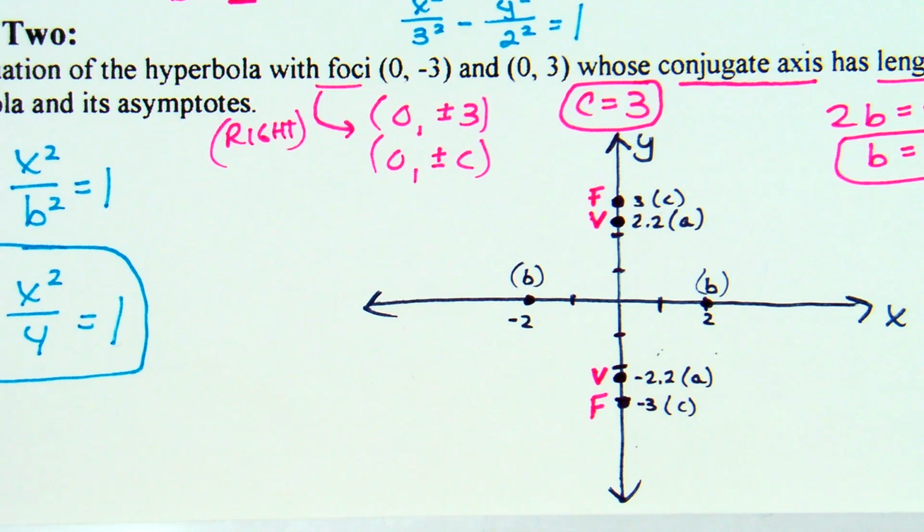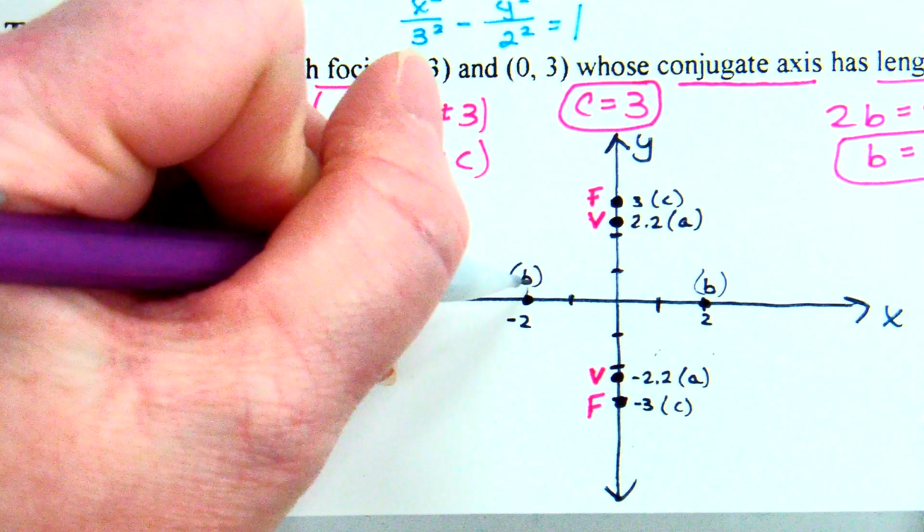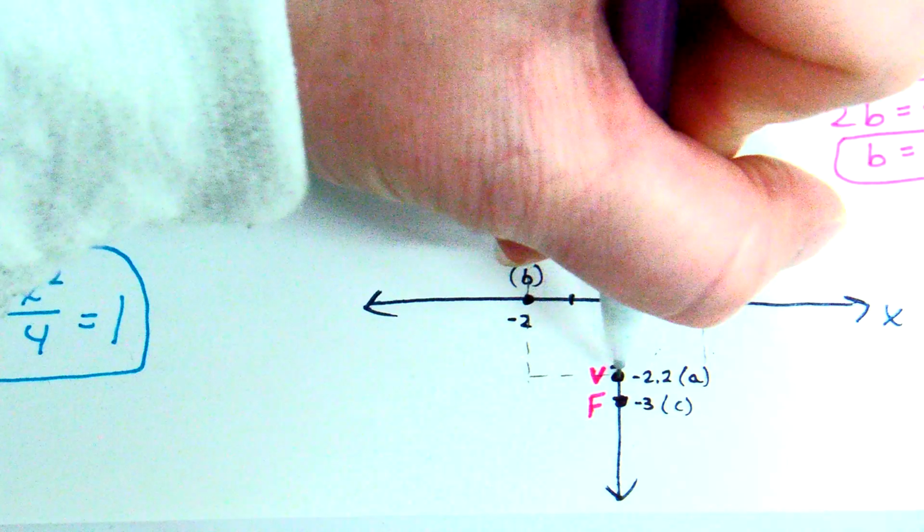Okay? I'll be honest, I rarely actually find the asymptote equation because I go with drawing a box, and I think it's easier that way. So what I'm going to do is I'm going to draw a box through my A's and B's. So vertical lines, just dotted lines, through my B's and through my A's.